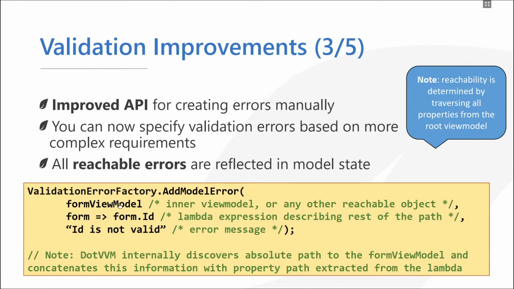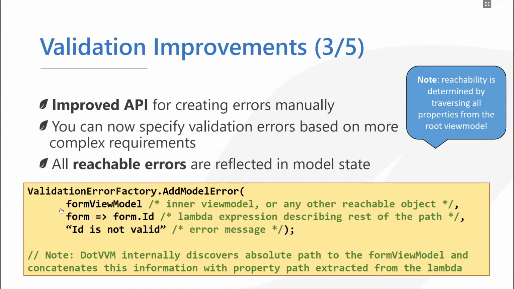And then from this form view model, I want to attach the new error to its ID property. So we are basically saying that there is something wrong with the ID, and then of course the descriptive error message. So as you can see, you can basically provide two parameters.